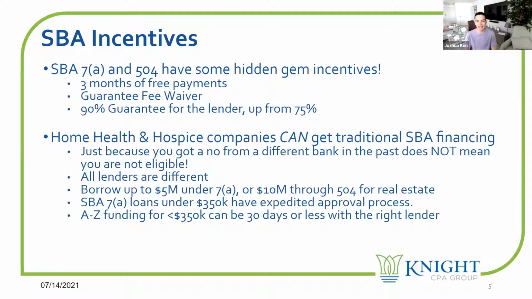The benefit to the end business owner, and this is not directly visible to a business owner, is that if you have a deal that's a little bit riskier, the bank might look at it and say, we don't want to do this deal with a 75% guarantee, but we will do it if we have a 90% guarantee because our downside risk is more mitigated.